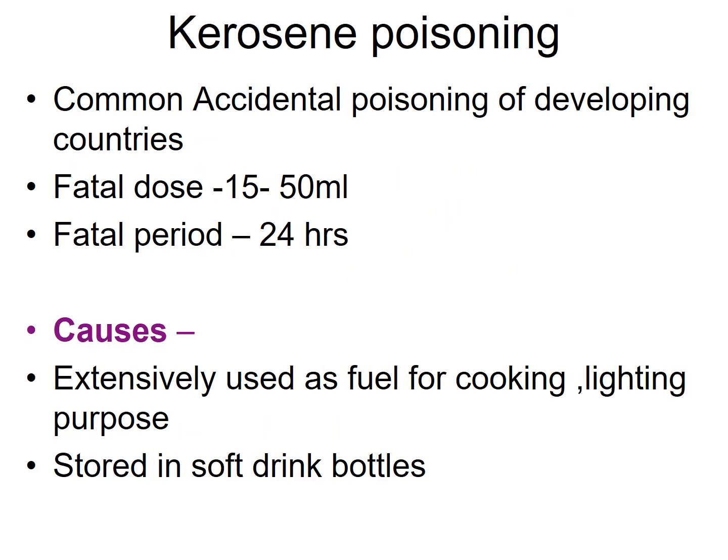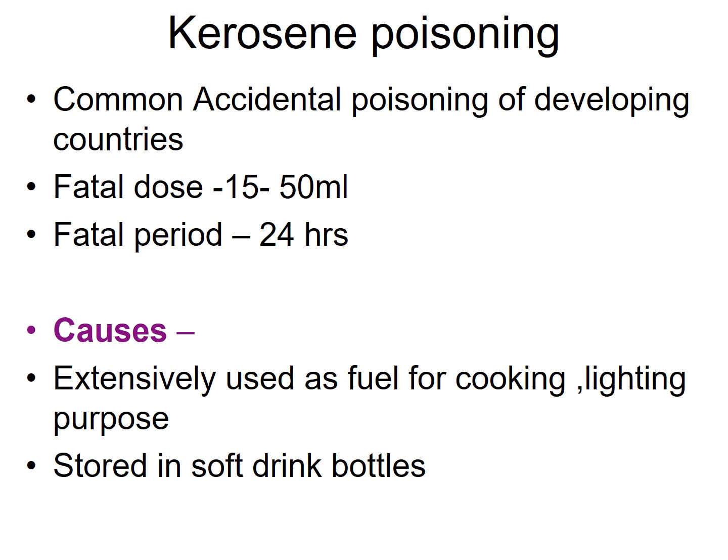Kerosene is a common accidental poisoning occurring in developing countries. The main reason is that kerosene is used extensively as a fuel for cooking and lighting purposes, so it is very easily available. And number two, it is stored in soft drink bottles or water bottles, so children and other people get mistaken and drink this.